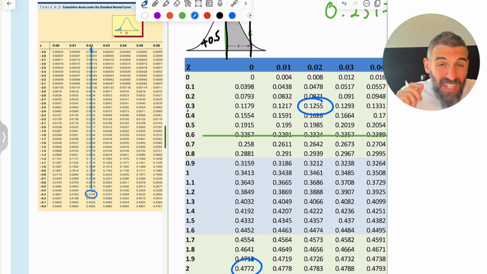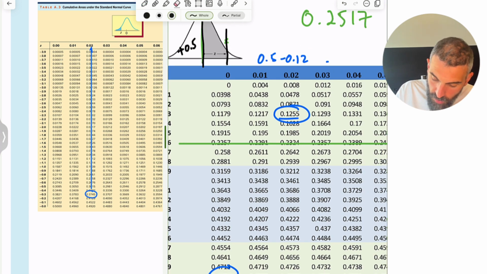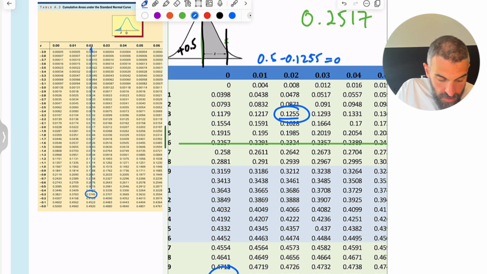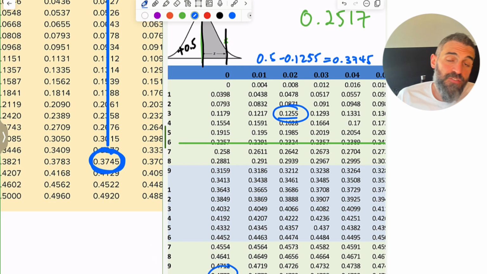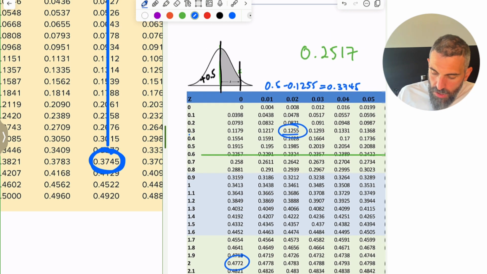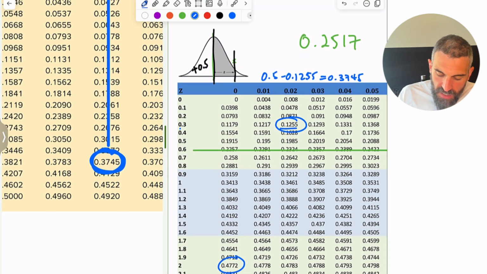If you get a negative z-score, you need to subtract this from 0.5, right? So now you're going to be doing 0.5 minus 0.1255. So that gives you 0.3745. And you see it is the same, but you have to remember to subtract it from 0.5 when it's a negative number. So that's part of what you have to learn if you're going to be using that one-sided table.